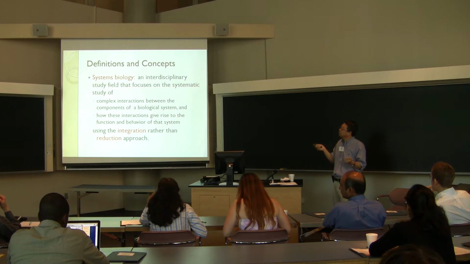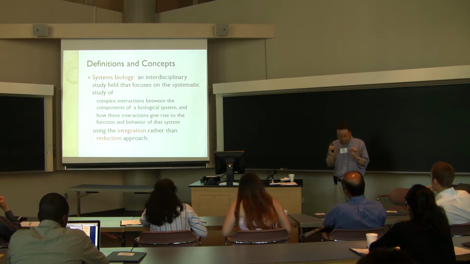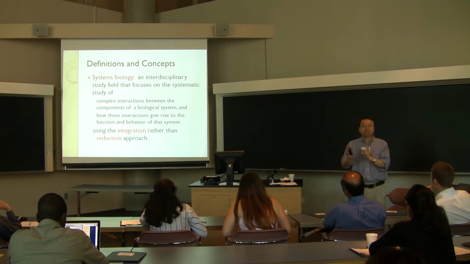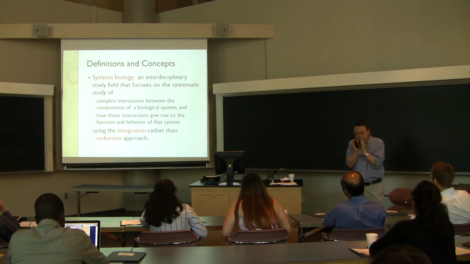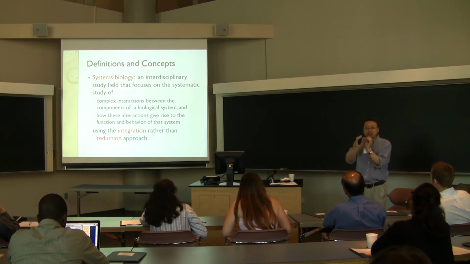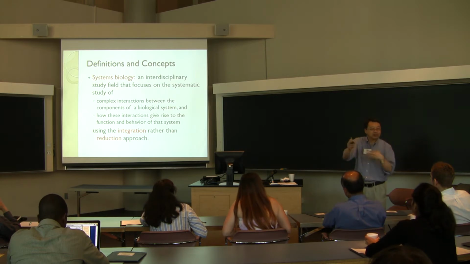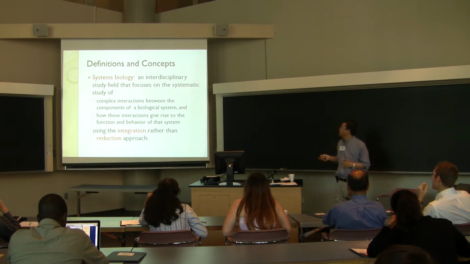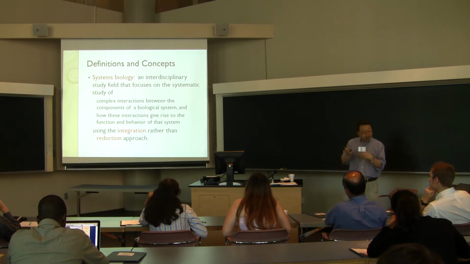Systems biology is trying to study their complex relationships or interactions, instead of just focusing on one gene, one protein, or one cell doing just one thing. We try to look at the interactions, and also at how these interactions give rise to the function or behavior of the system.